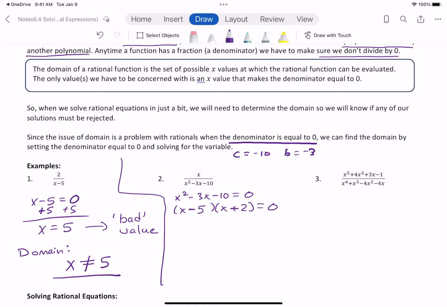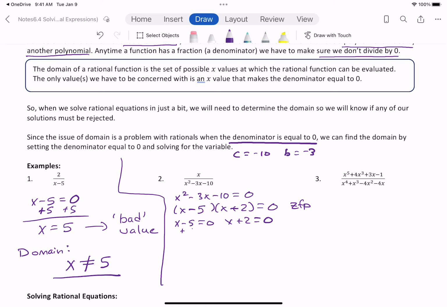And this should look familiar now. Now I have two factors set equal to 0. So we can solve using the zero factor property. So we let x minus 5 equal to 0 and x plus 2 equal to 0, and we solve each one.